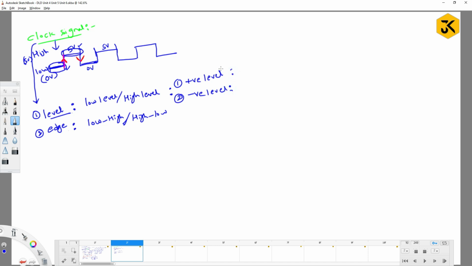If your input is going to be affected at the high level, then I can call it a positive level clock signal, right? If the input is going to be affected at the low level, I can call it a negative level clock signal, right? For example, I am trying to draw the same thing again.